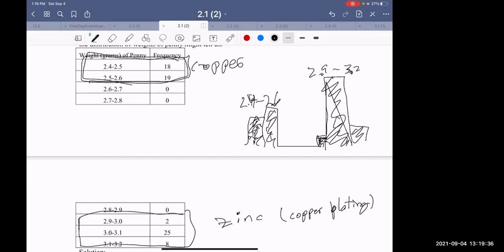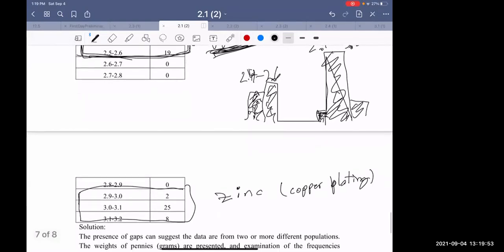And the reason for this is that copper is too expensive, too much money. So copper costs too much, and it costs much more than a penny to make a penny. So they changed to zinc. And unfortunately, pennies still cost more.